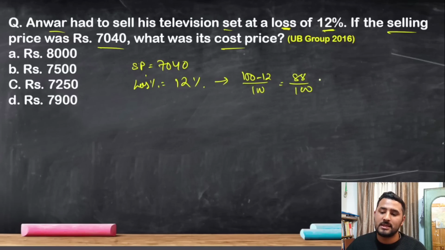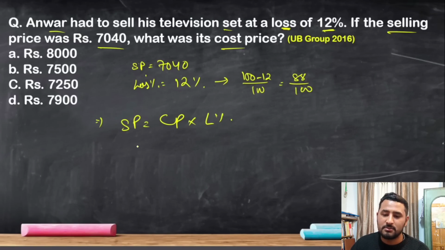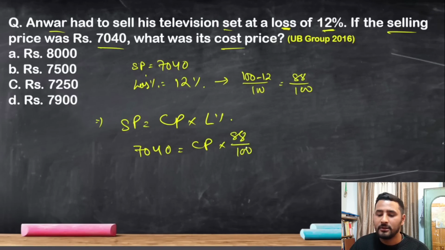I just converted the percentage. Now use the formula: SP is equal to CP into loss percent. Our SP is 7040. CP we need to find, and then our loss factor is 88 by 100. Cancel again. 4 4 22 is 88. 4 1s are 4.